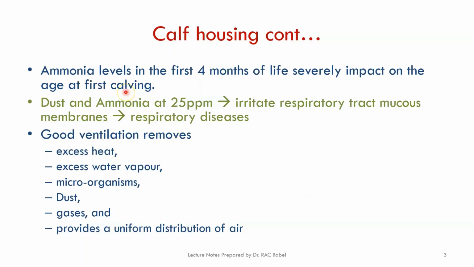It has been shown that ammonia levels in the first 4 months can be critical, and not just the short-term effects of pneumonia, etc., but it can impact the long-term effects like age at first calving, right? That is another reason why you need to make sure that your calf pens are clean and ammonia levels stay minimized, right?